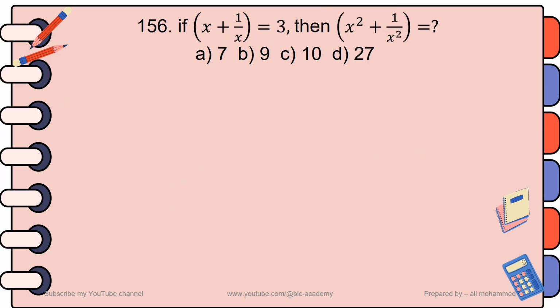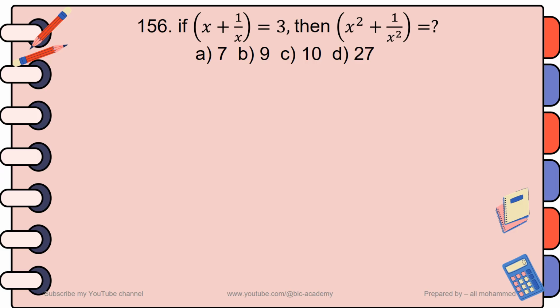Question number 156. If x plus 1 over x is equal to 3, then x squared plus 1 over x squared is equal to how much? A 7, B 9, C 10, D 27.